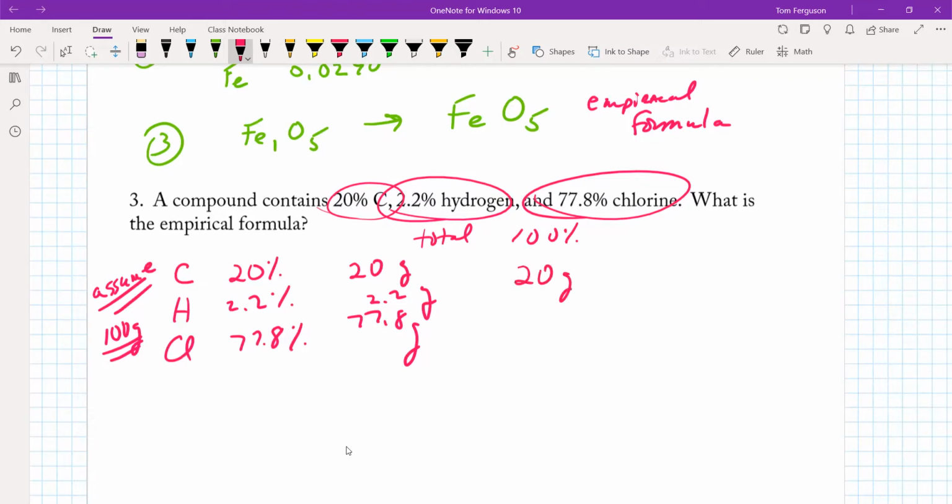So 20 grams. And we are going to assume this is 20.0. Keep everything with 3 sig figs. Okay, so carbon is 12.1 grams. And we're going to assume this is 3 sig figs as well.